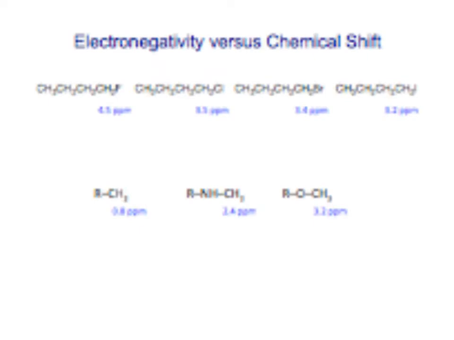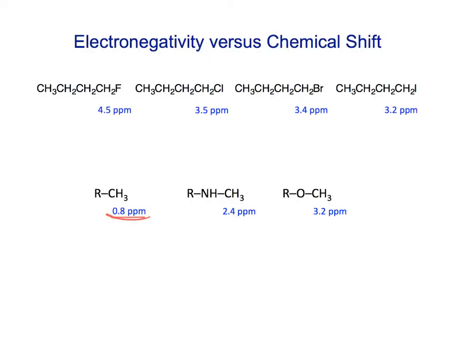The next thing is the presence of electronegative groups. If we start with a methyl group like this, usually if it's on the end of a chain, it's about 0.8 parts per million. If we add a group to it that's more electronegative, like a nitrogen, nitrogen is more electronegative than carbon, right?